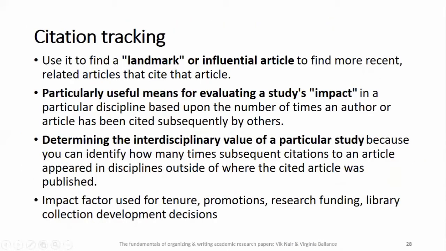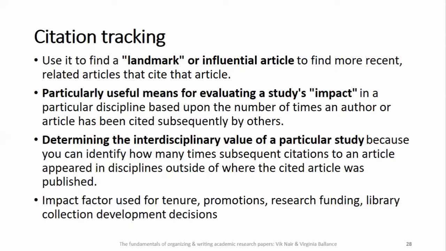Okay, so citation tracking can also be used as a method to find a landmark or influential article because you can see how often it's been cited. You can also use citation tracking as a means to determine whether it's a very impactful article, one which has been cited by a lot of people and subsequently cited by others.